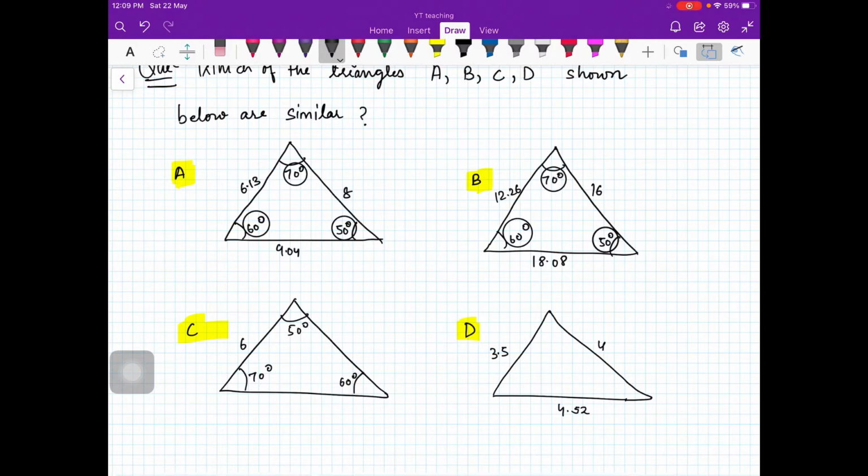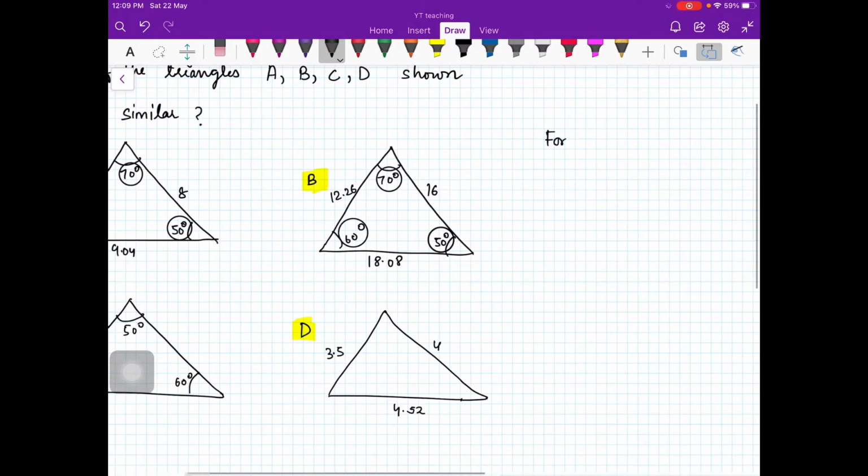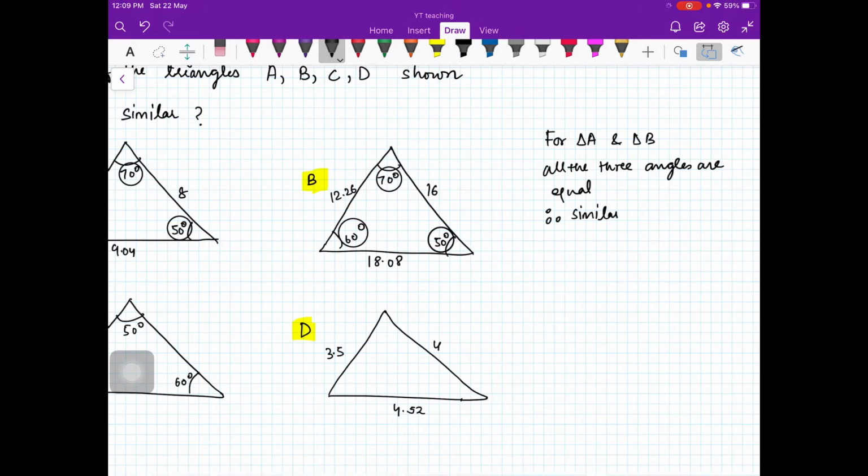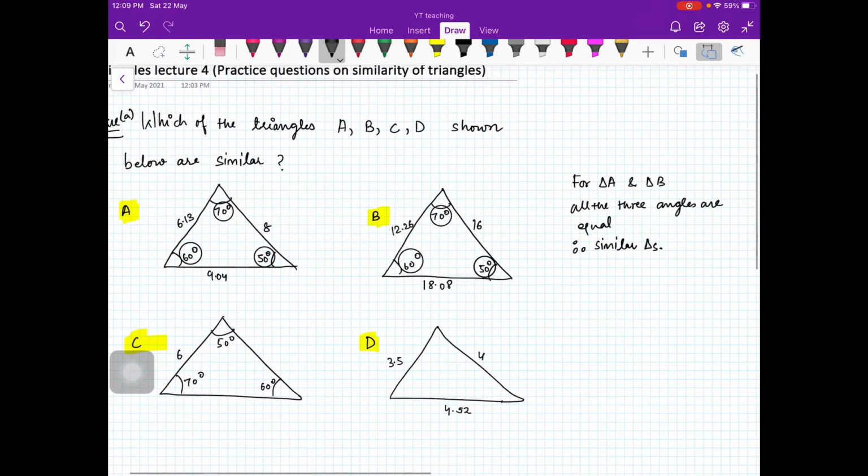You don't need to look at the sides, although you can. But for triangles A and B, all three angles are equal. Therefore, they are similar triangles.